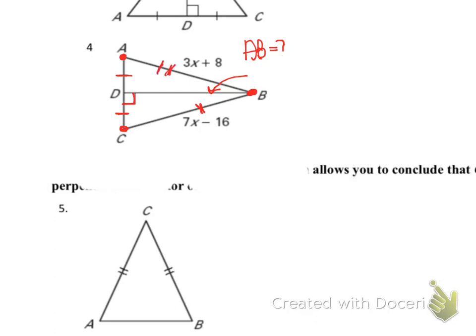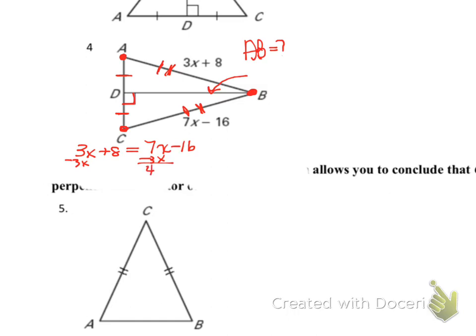Because B is lying on the perpendicular bisector of AC, B is equidistant from C and A. That makes this an isosceles triangle and allows me to set AB, which is 3x plus 8, equal to BC, which is 7x minus 16. So we're going to see what this equals. I subtract 3x, subtract 3x.